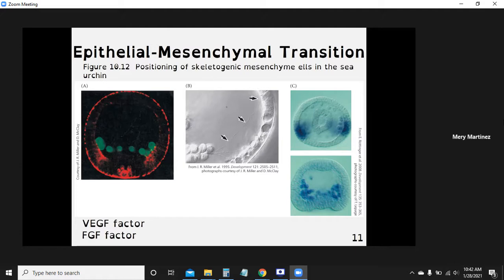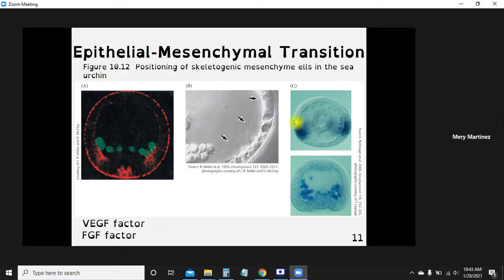So two signals are required for the migration of these cells in order to be able to go somewhere else. We have the VEGF paracrine factor, so this one here, that is emitted from the ectoderm where the sclerogenic mesenchyme cells will congregate. And the second factor is the FGF, the fibroblast growth factor, which is a paracrine factor, as we have described prior, made in the equatorial belt.